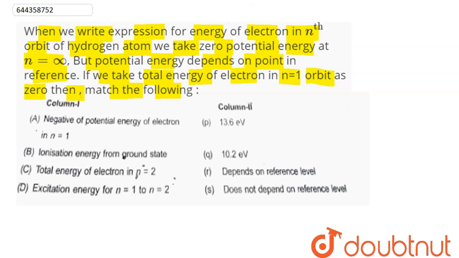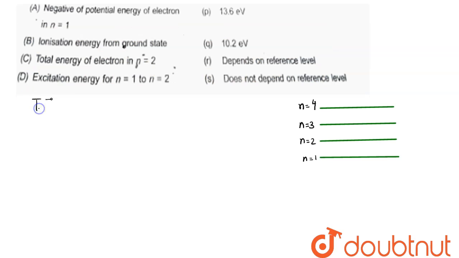So here it says, if at n equal to infinity, potential energy is taken as 0, hence total energy is given as minus 13.6 Z square divided by n square. This total energy is equal to, in terms of expression, minus kZe square divided by 2r.